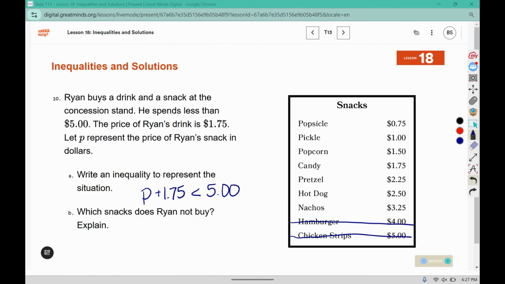Let's check the nachos. $3.25 plus $1.75. That is $5. But he spends less than $5, not exactly $5. So he can't buy the nachos either. But he could afford anything cheaper than the nachos.